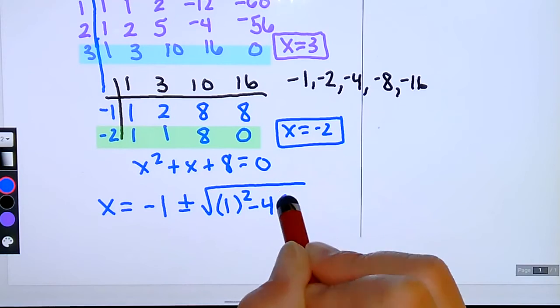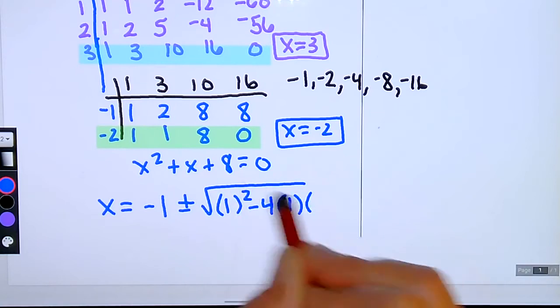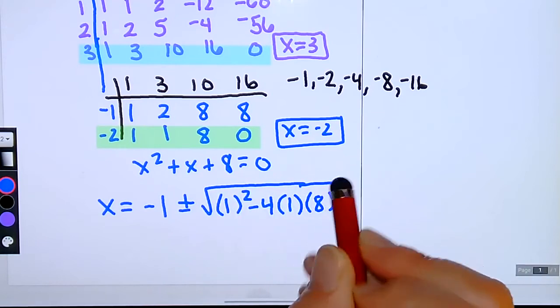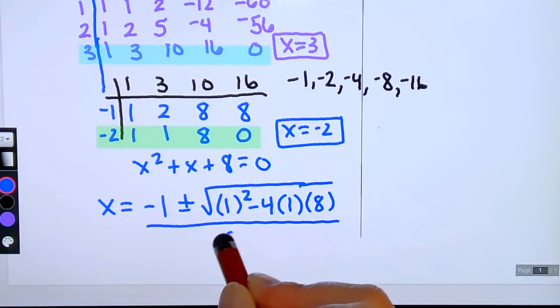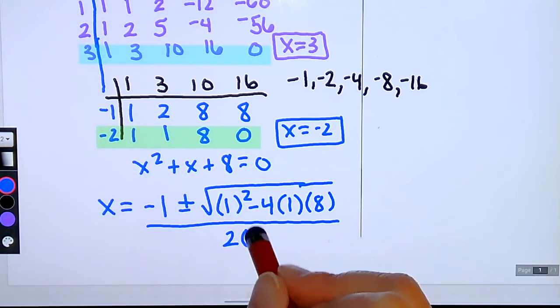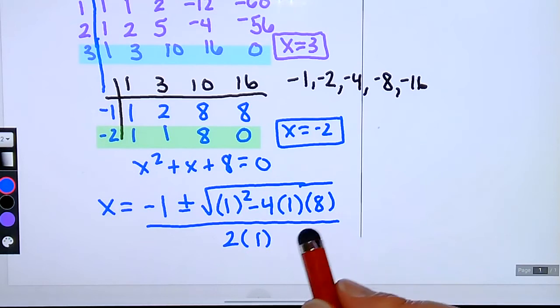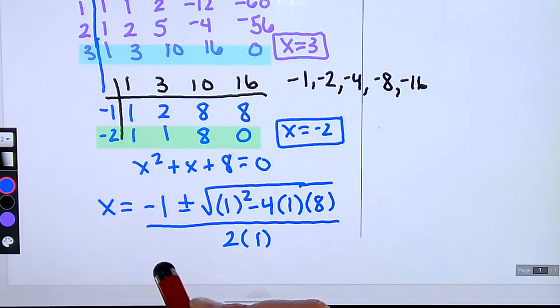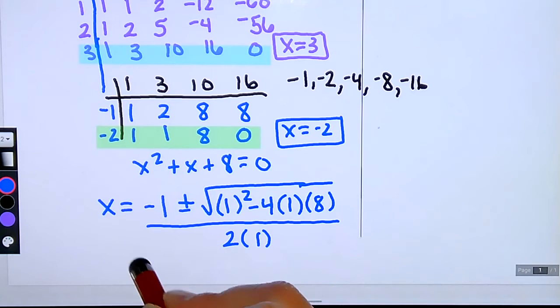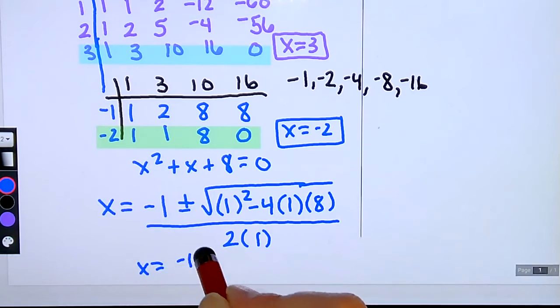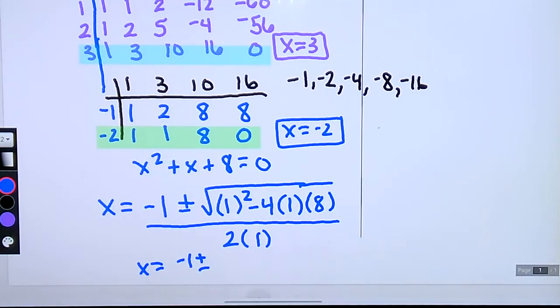Minus 4 times my a, which is 1, and my c, which is 8. So I'm just doing quadratic formula. All over 2 times my 1. And then if I work this out, this is going to be x equal negative 1 plus or minus, and this is going to be a 1. This is going to become a negative 32.